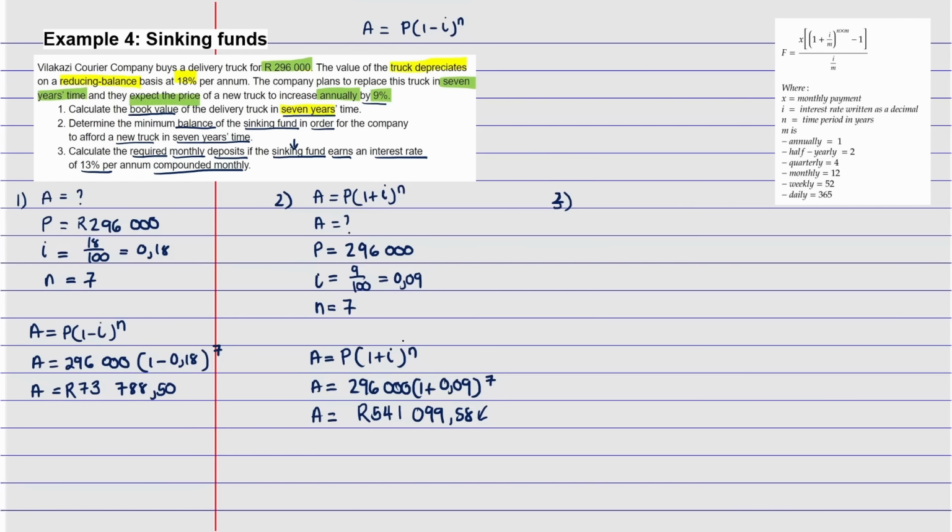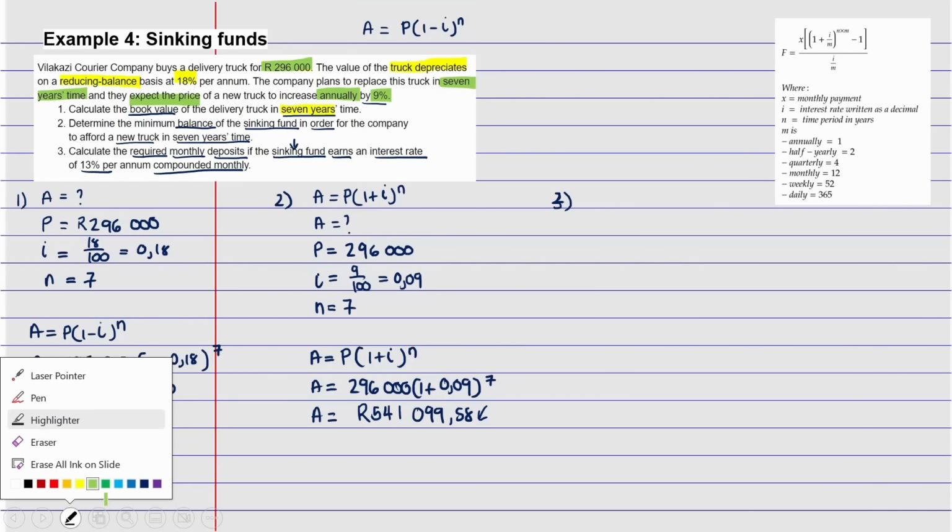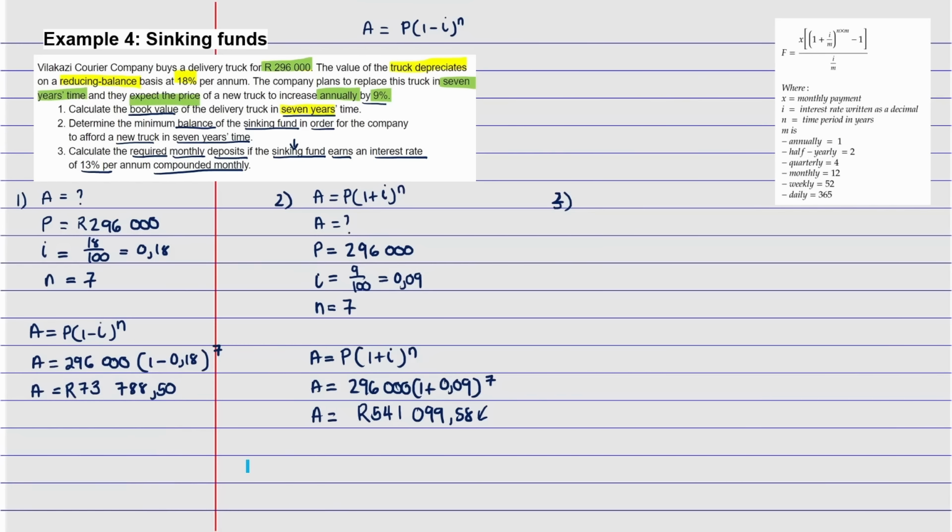Let me take my highlighter just to explain it. Let me take the blue. What happens is that we already know our car is going to depreciate by this amount. So when we set up this sinking fund, we know the car that we bought now is going to reduce by this amount.